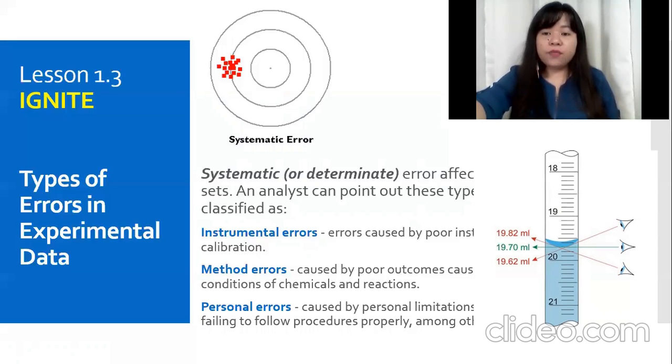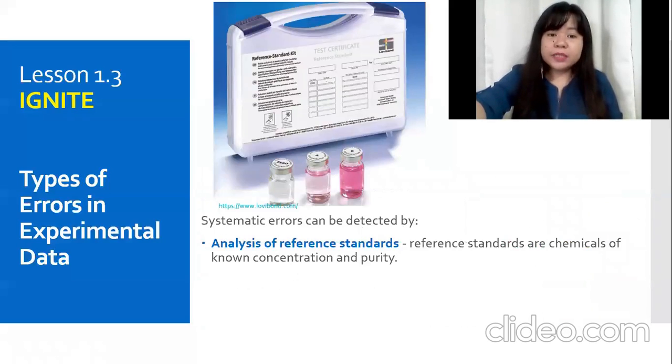Okay, so let's say a person is too short or too tall, or he or she did not move the meniscus or the reading to his or her eye level, therefore you would have this parallax error, and that is considered a personal error caused by your personal limitations, but would be difficult for you to change. So these can be detected by analysis of reference standards.